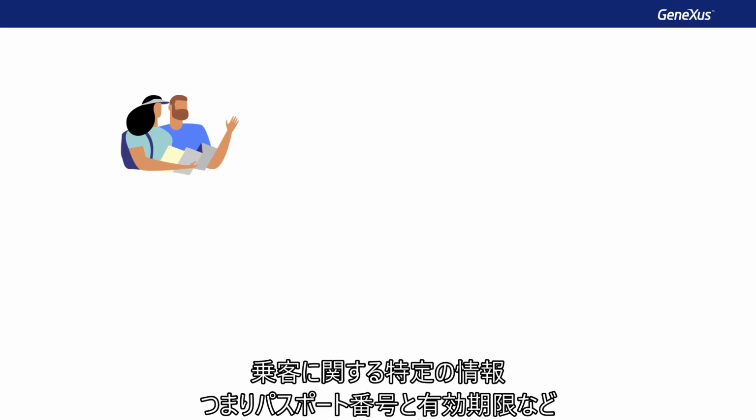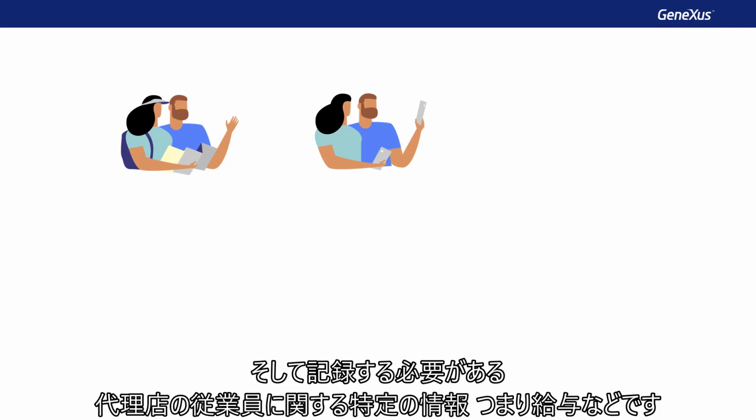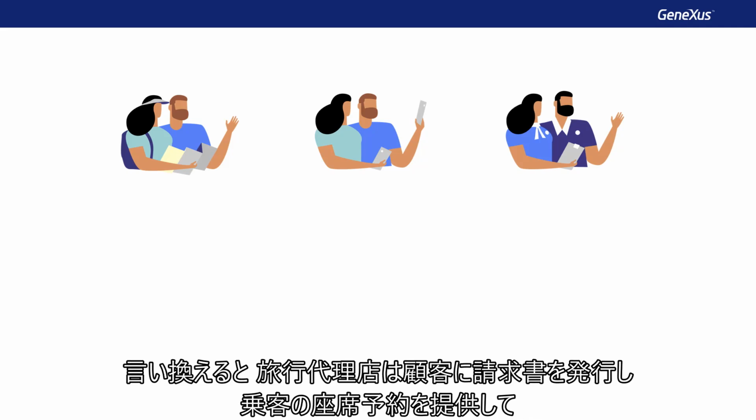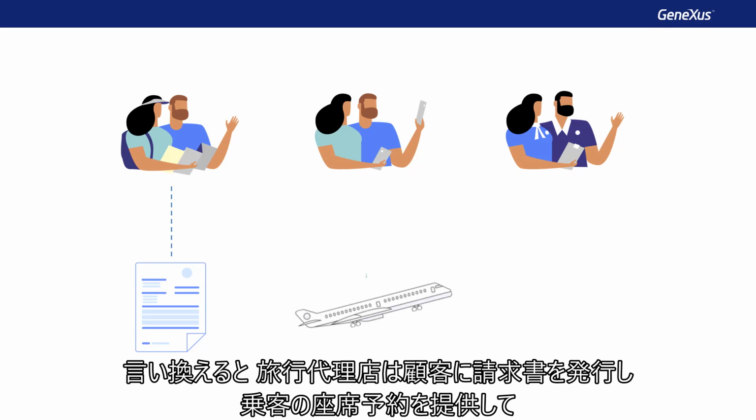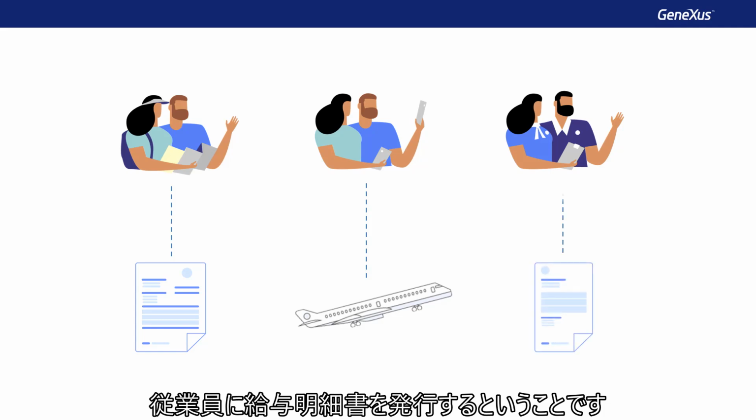Specific information about the passengers, for example, their passport number and validity. And also specific information about the agency's employees, for whom it must record, for example, their salary.